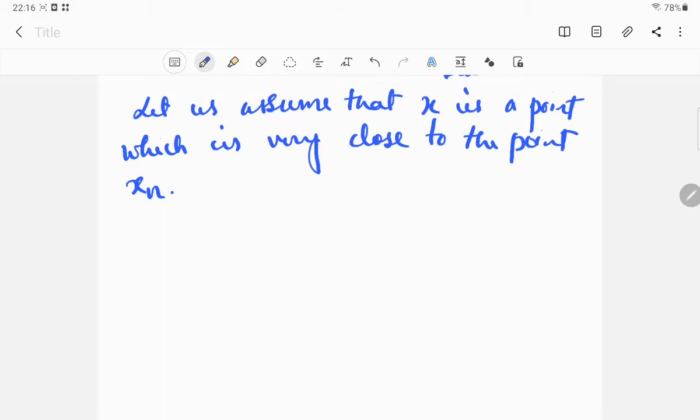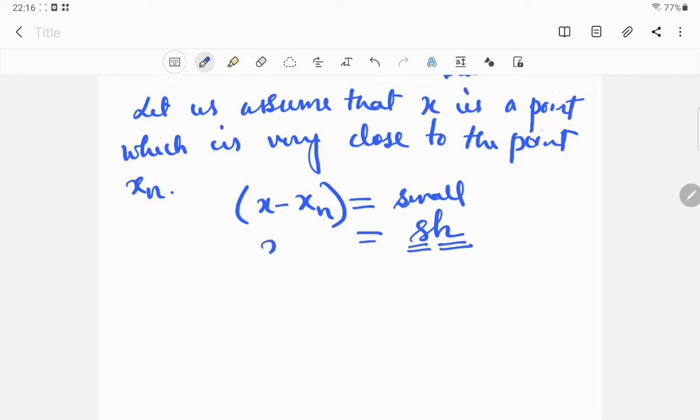So if I take x minus xn, it is going to be a very small quantity. The difference between them will be very small. So let it be given by sh, where h is the step length and s is a constant. So x minus xn is equal to sh.